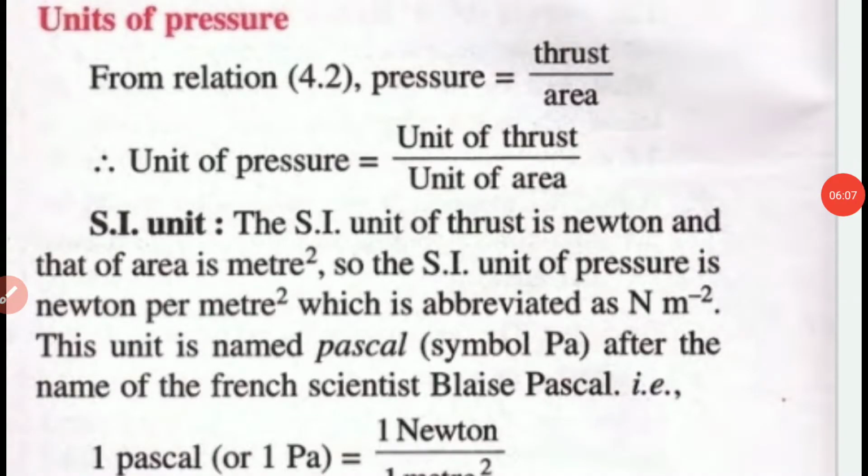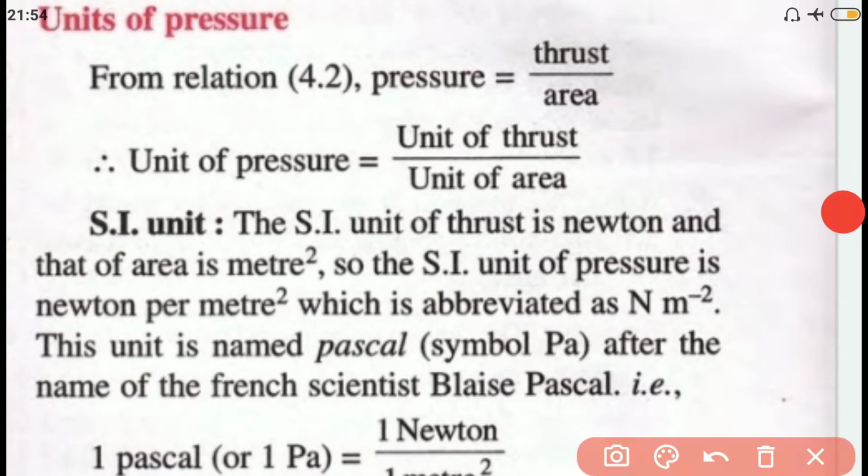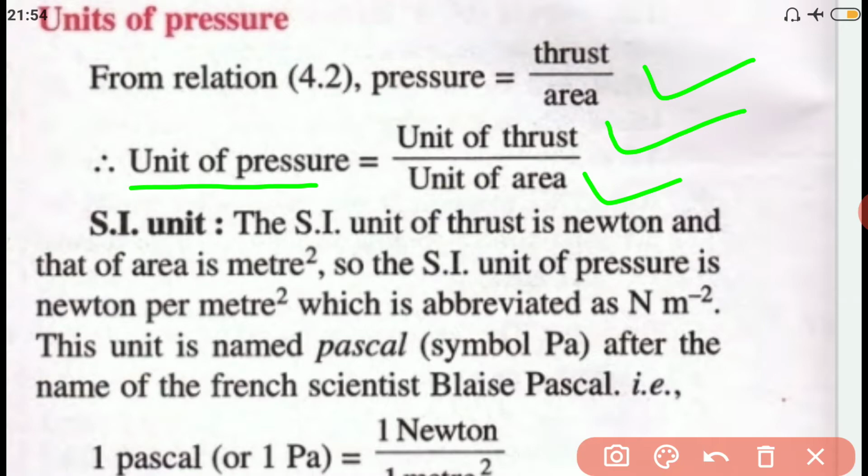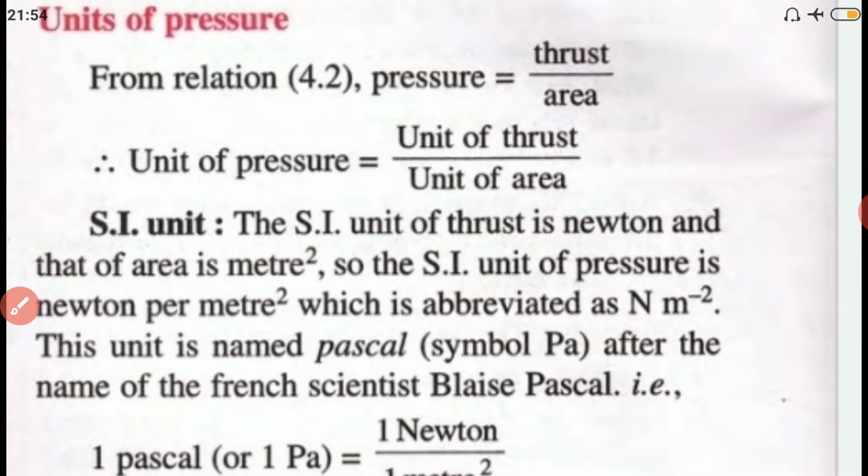So now units of pressure. From the relationship P equals F upon A, or thrust upon area, the unit of pressure should be unit of thrust upon unit of area. The SI unit of thrust is Newton, as you all know, and the SI unit of area is square meter. So the SI unit of pressure will be Newton per meter square. This unit is named Pascal, Pa, after the French scientist Blaise Pascal.